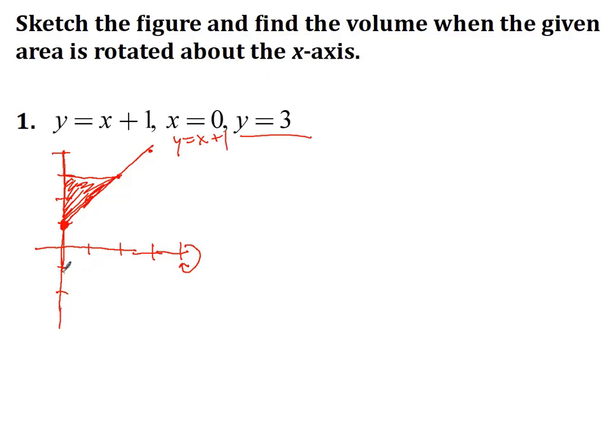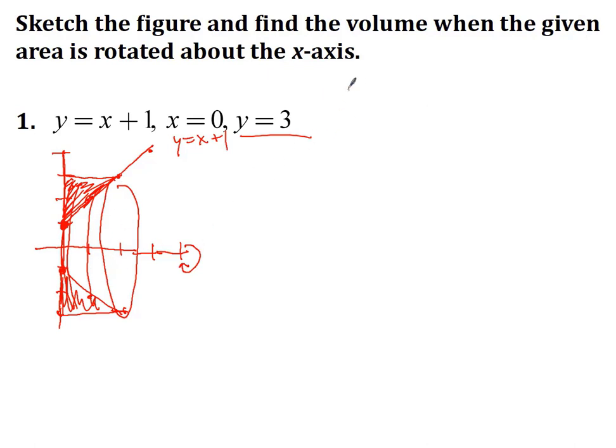So it's here, and here, and here. So it's basically going to be like this. And you can see what's happening is we have like a cylinder with like a Rollo looking thingy bored out of it.